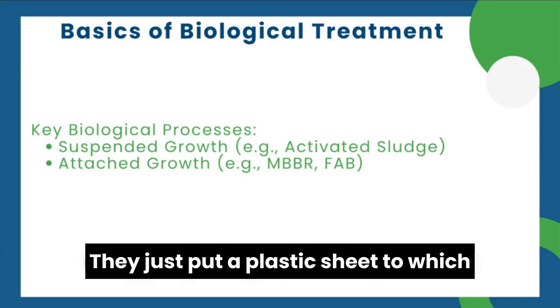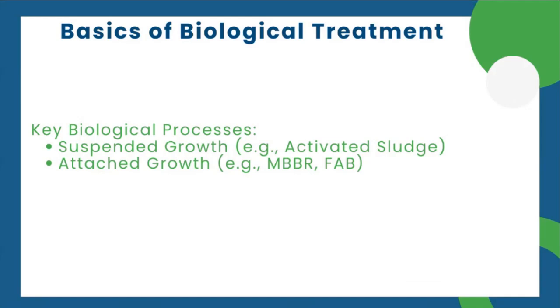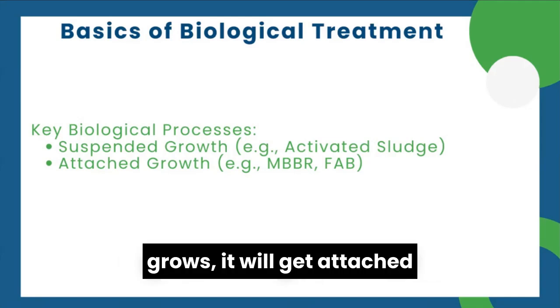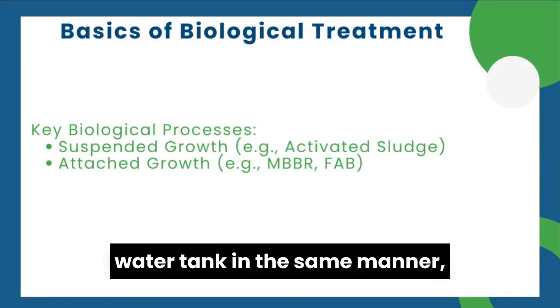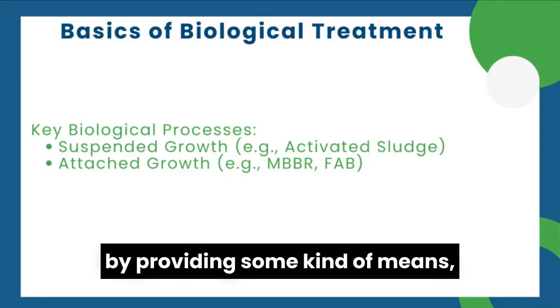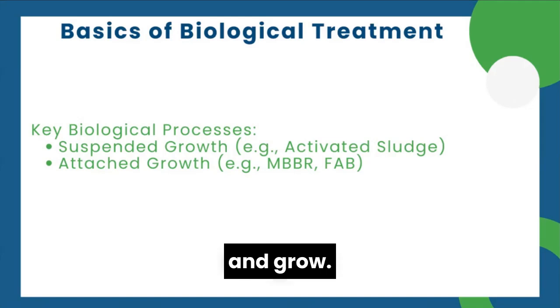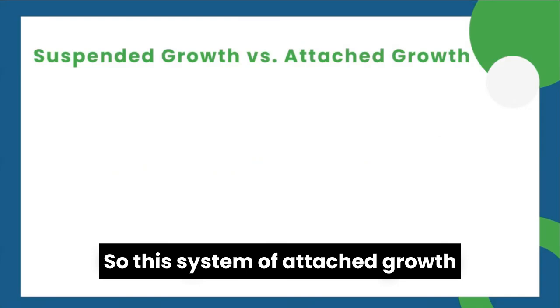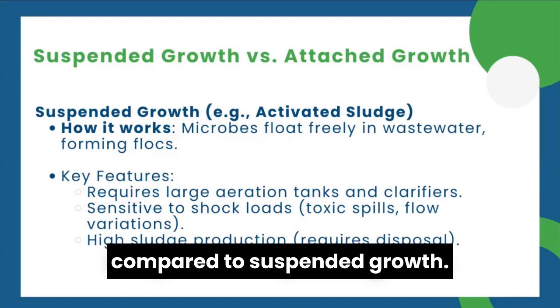They just put a plastic sheet to which bacteria will latch on and grow. Like if you see fungus grows, it'll get attached to the walls of your water tank. In the same manner, by providing some kind of means, we enable the bacteria to attach and grow. So this system of attached growth is a lot more efficient compared to suspended growth.